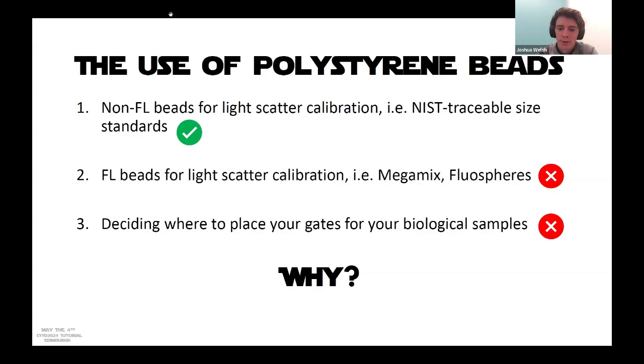It's the only way that you can make it hardware agnostic, as we keep mentioning. So if you buy a mixture of beads and you draw your gates based on this population to this population, somebody else on a different cytometer can buy the same beads and draw that same gate, and it would actually be a slightly different population that they're gating on. Kind of what we're trying to say.